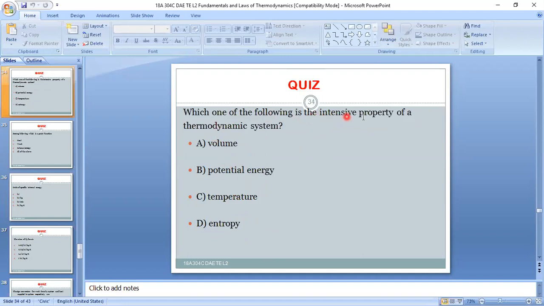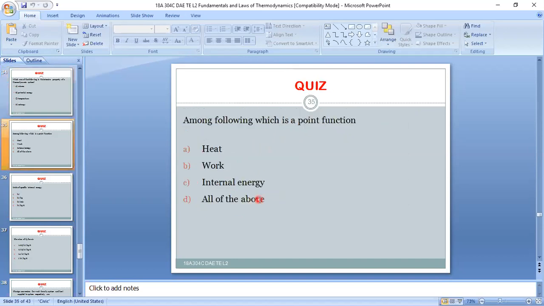Which one of the following is an intensive property of the thermodynamic system? Volume, potential energy, temperature, and entropy. Temperature will be the intensive property. And in the quiz once again, among the following, which one is a point function?